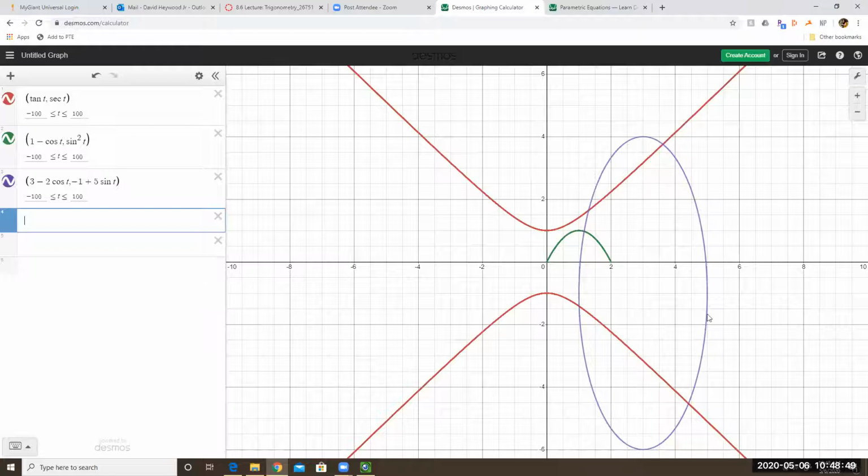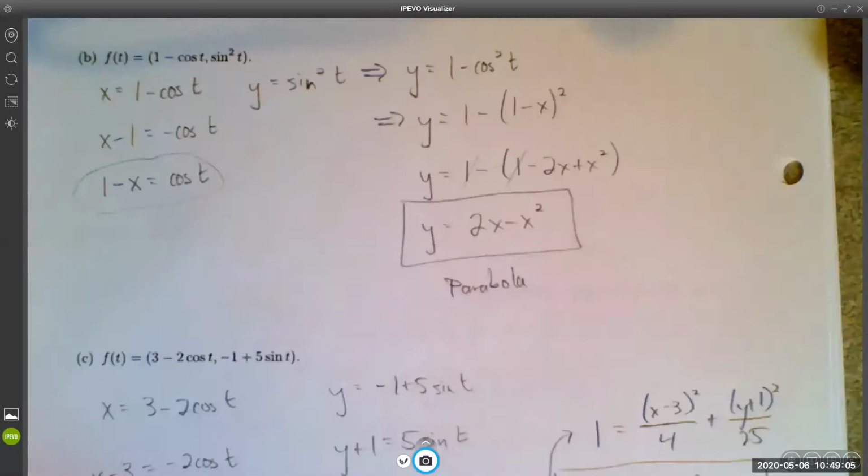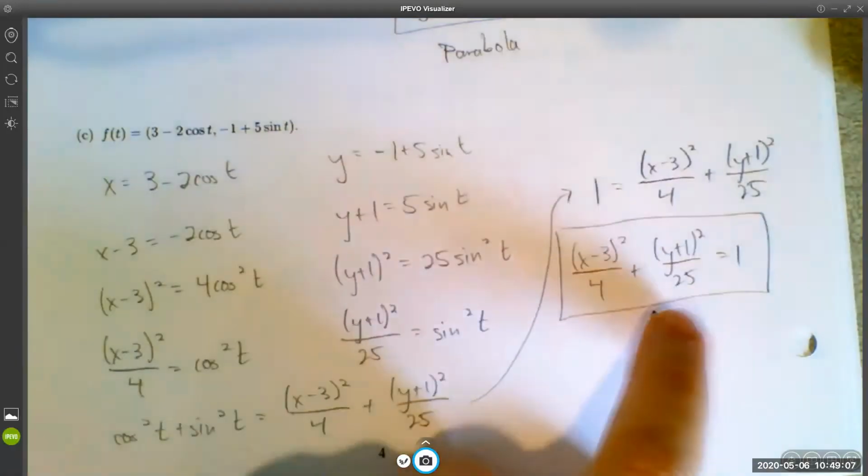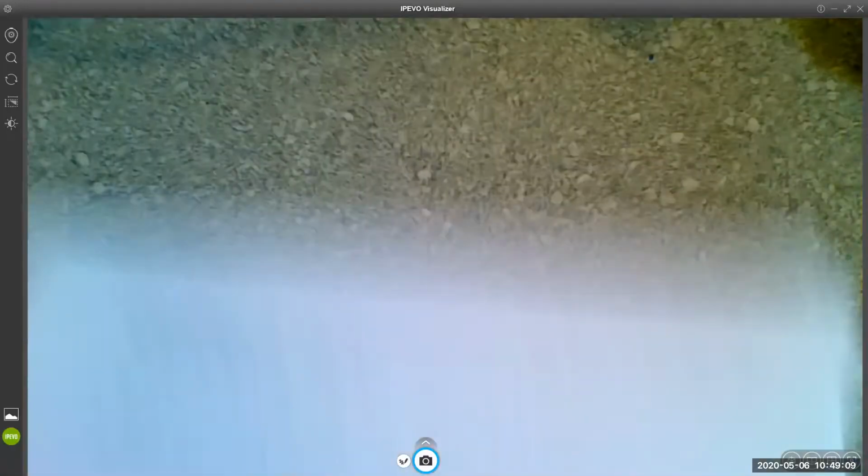Yeah, we get an ellipse, sure enough. An ellipse centered at (3, negative 1), and then from that point you go left and right 2, up and down 5, right? That's what this equation is suggesting you should do. Anyway, so that's that. I think they're kind of fun.